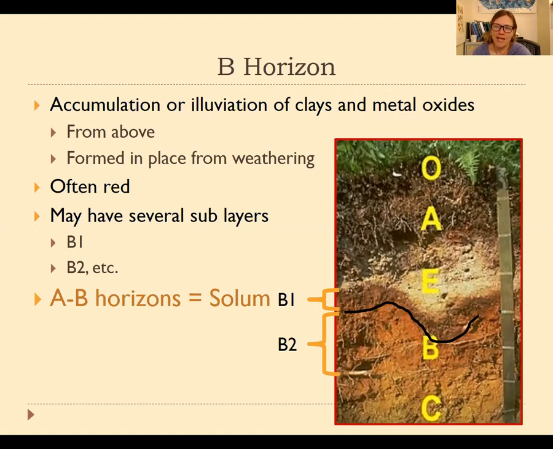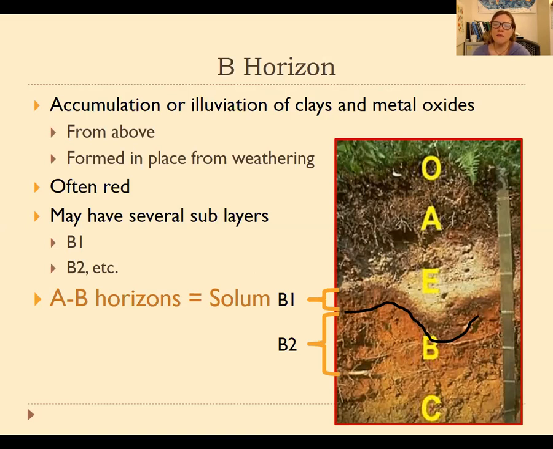And the B horizon is a zone of illuviation as opposed to eluviation. So illuviation is a zone where things are accumulating, as opposed to eluviation, a zone where things are leaving. And so all those clays and metal oxides and organic matter that have been leached out of the layer above are getting washed down and accumulating in the B horizon.